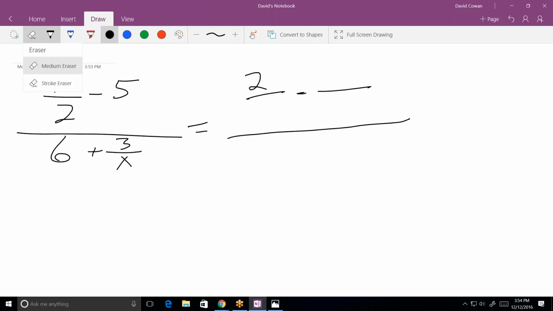Minus 5 over 1. Whoa, let's take one step at a time. What does this fraction become when I use a least common denominator? In other words, I've got to find the least common denominator of the numerator, and then I got to find the least common denominator of the denominator. Then I got to flip and multiply. That's going to be my strategy.